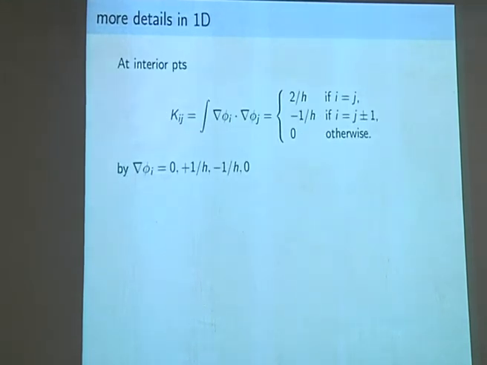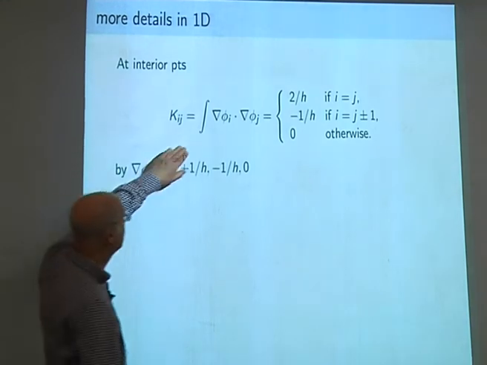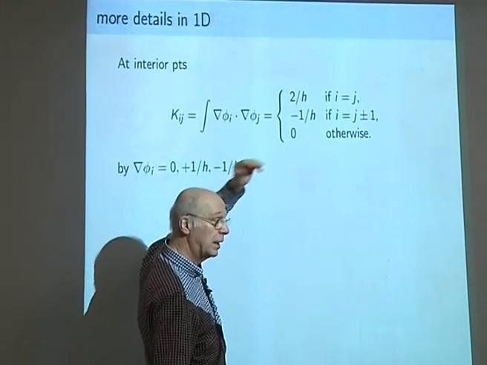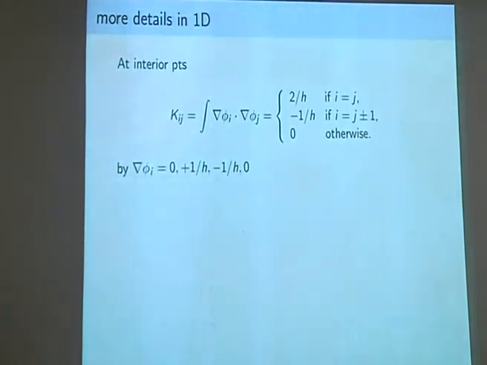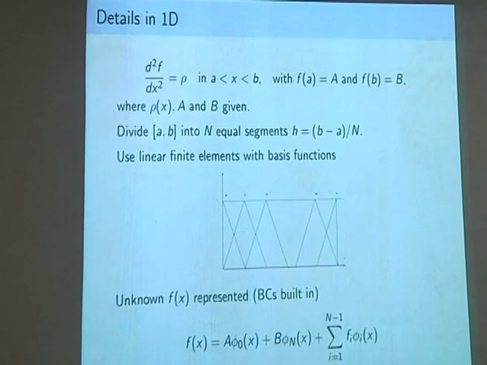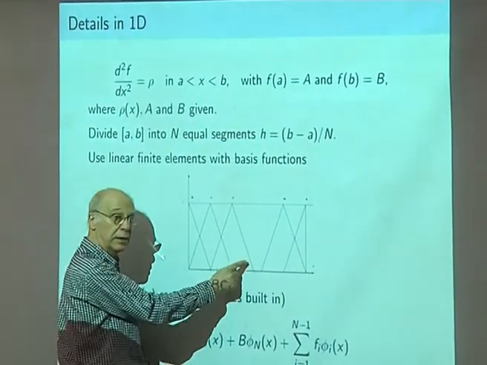So I have to work out this stiffness matrix, which is the integral over the domain of the product of the gradients of two basis functions. The gradient of the basis function for that triangle, if the width of the triangle is h, is essentially plus 1 upon h or minus 1 upon h.